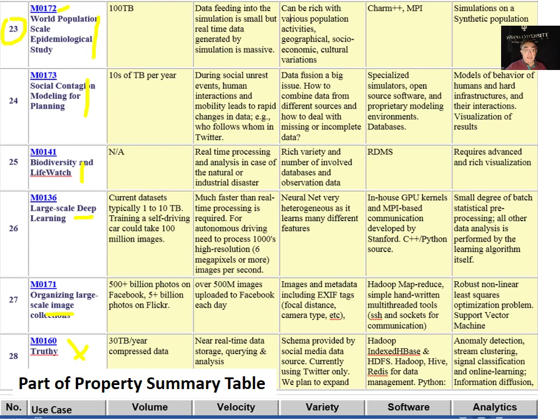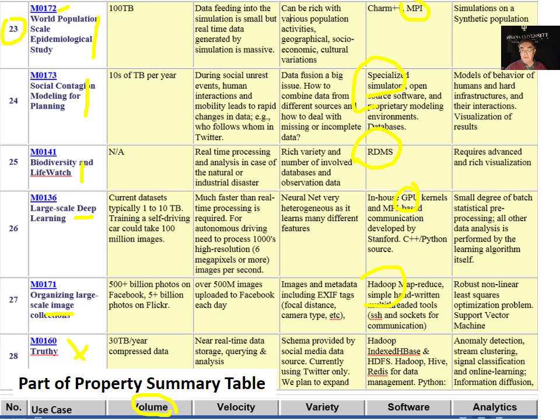Here was the size. Here's what I just sampled, some of the 26 features. So here we have the 3 V's, the software used in the analytics. So these are 5 of the 26 features, and you can just see what people put in. Software is here, relational database. Up here it was MPI. Here it was specialized simulators. Here it involved GPUs.